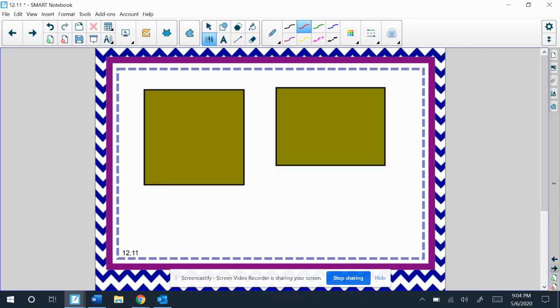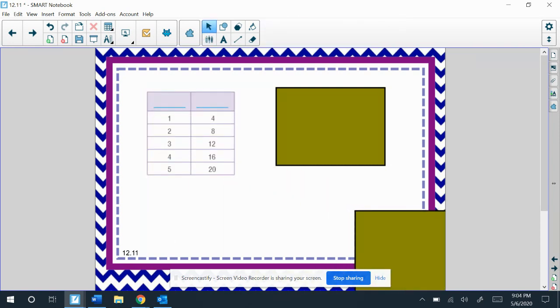Here's the next one. Go ahead and try this one on your own. All right, let's see how you did. 1 and 4. Well, I know 1 and 4 is not length because that one is 12 and 3 and 36, not 4.